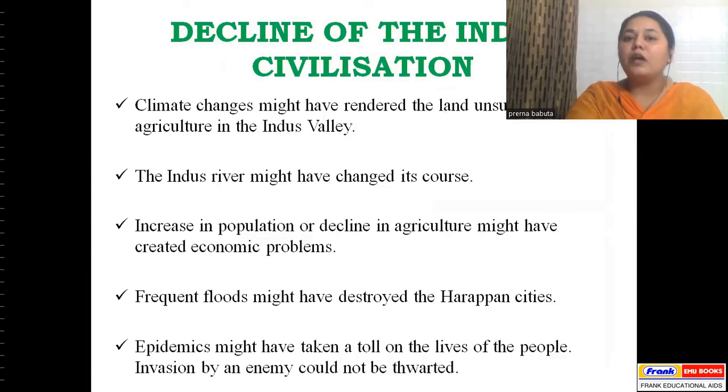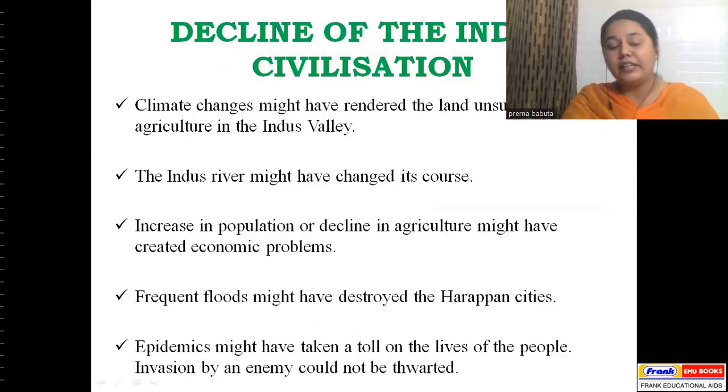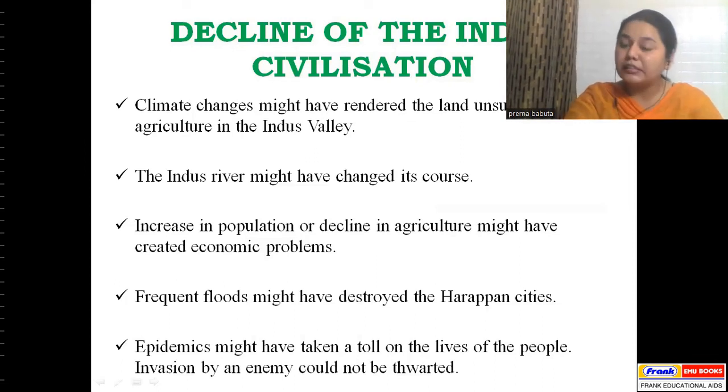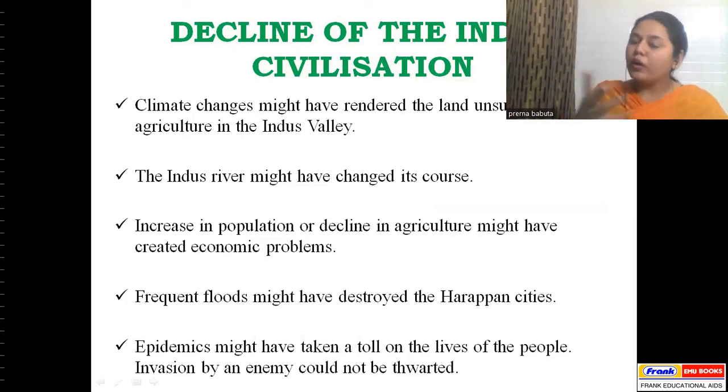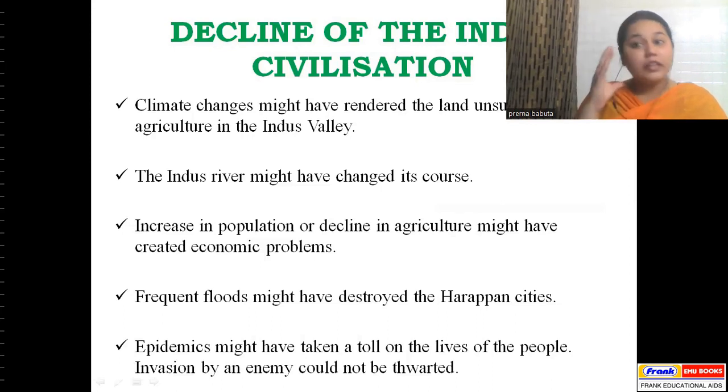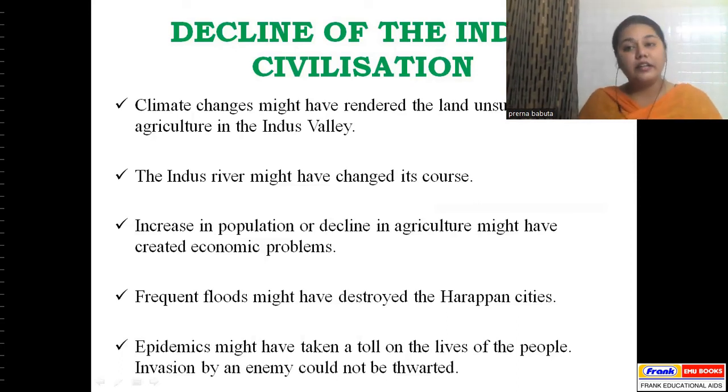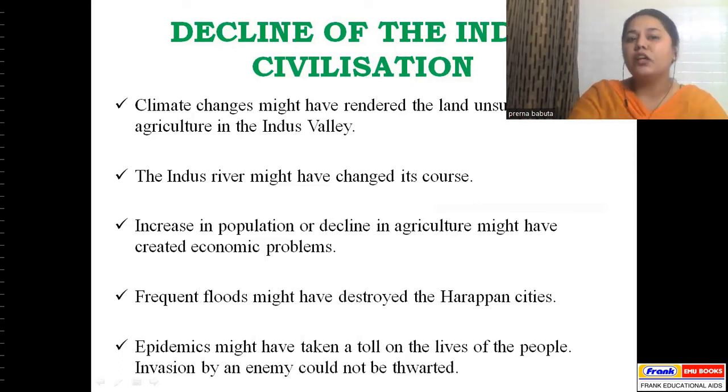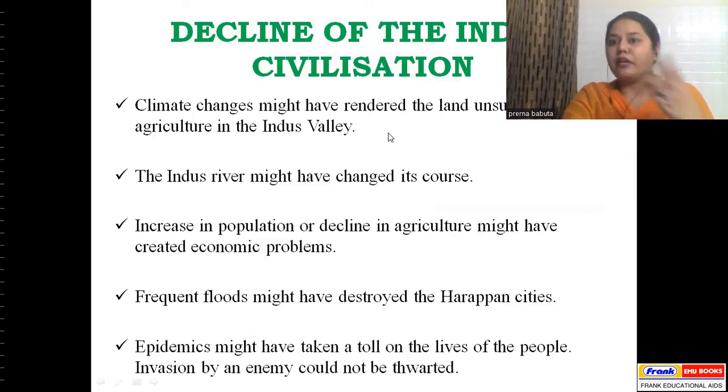Now we talk about the decline of the Indus Valley civilization. Obviously it prospered for many years, but certain factors led to its decline. And these are all assumptions. We really don't know the exact reason, but it was assumed that these could have led to the fall of the Harappan civilization. First is climate change. Maybe the river dried up and they did not have any food to eat.